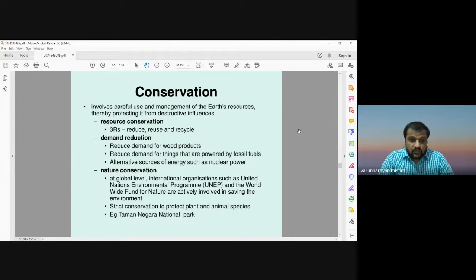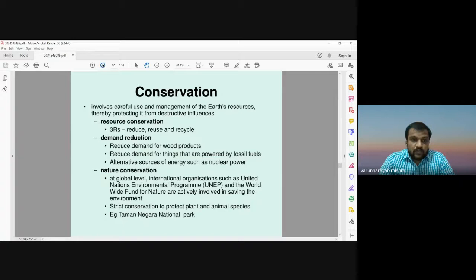Nature conservation is an important part of the conservation of the earth, to protect the natural habitat and ecosystem of the earth.